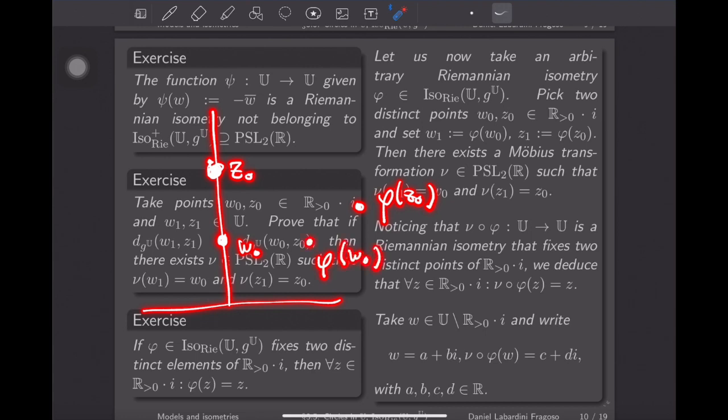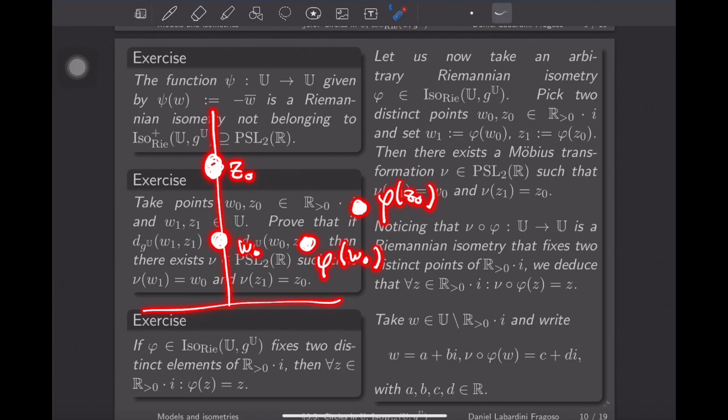And something I know is that there exists a Mobius transformation sending this one back to Z0 and this one back to W0. So I take that one, and what I would wish is that this Mobius transformation is actually the inverse of phi, but that's not always going to be the case.